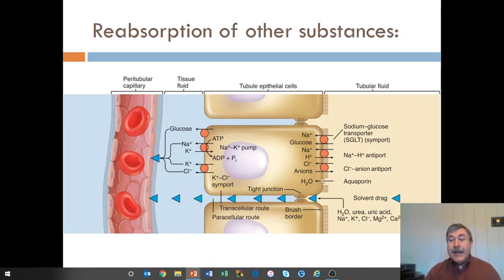Now, in addition, because the sodium-potassium pumps are increasing the concentration of sodium in the interstitial fluid, this creates a concentration gradient for sodium. And so that draws water by way of osmosis via the paracellular route. So it can go through these tight junctions. And so water is just moving down its concentration gradient.